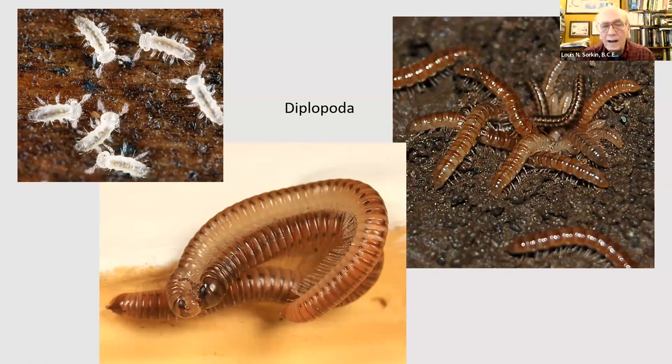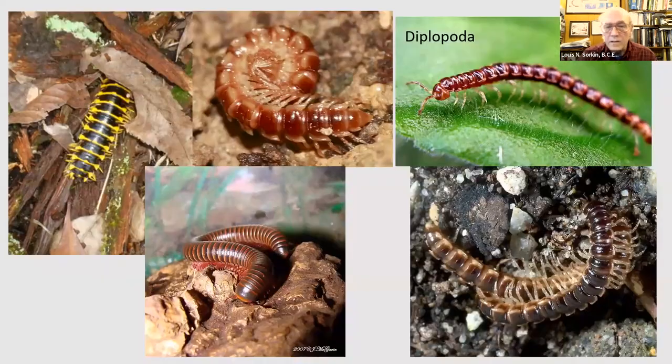Millipedes actually have a lot of chemistry involved, and they can produce various chemicals to repel and ward off predators. Some cyanides, hydroquinones, things like that. There are some predaceous centipedes, but basically they're feeding on maybe dead animals and plants, and also rotting plants. And you can see not all are tubular, some are actually flat.